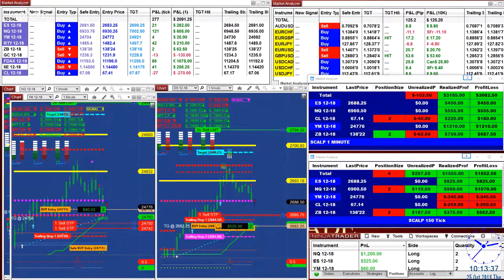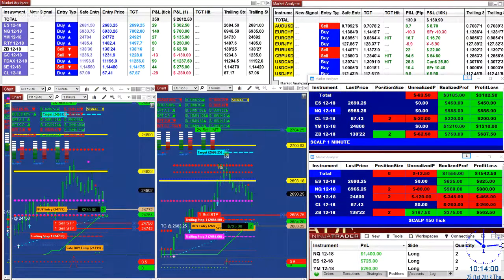He had one trade on the YM, and guess what? I don't know how long it had been there, but probably from the beginning of the session, he had one short trade on the YM, and it was $700 in profit on one YM.